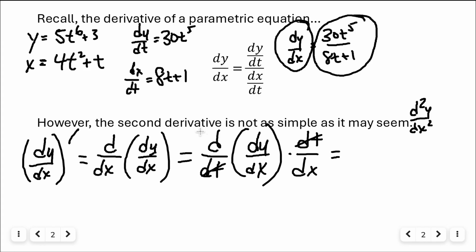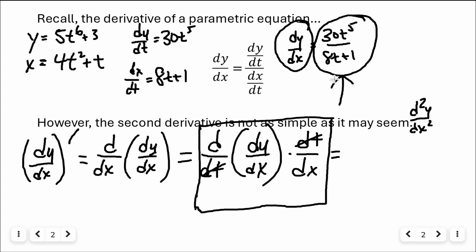Now, how exactly do we go about calculating this? Well, that's actually not as difficult as it might seem. Because the derivative with respect to t of dy/dx is easy to calculate. I'm going to take that derivative with respect to t of dy/dx, and then I'm going to multiply by dt/dx.